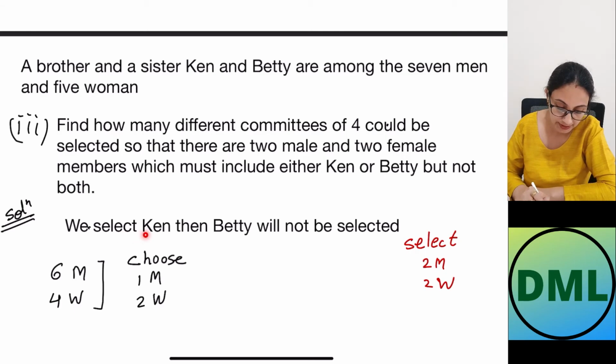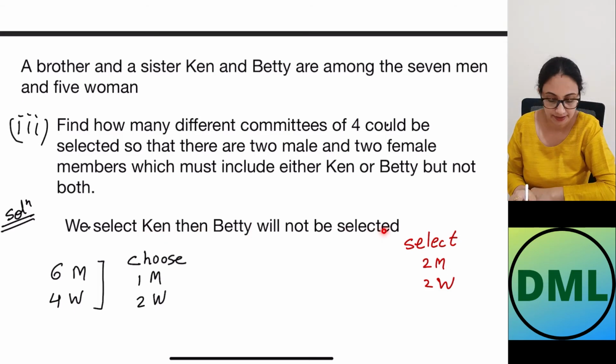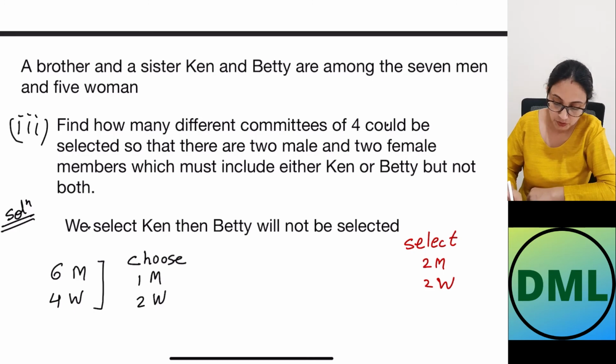Suppose we select Ken, then Betty will not be selected. Ken is a man. We have to select 2 men and 2 women in total. We have 7 men, and out of that 1 man is already selected, so we are left with 6 men. And we have 4 women, because I can't select Betty, so the women are also reduced by 1.